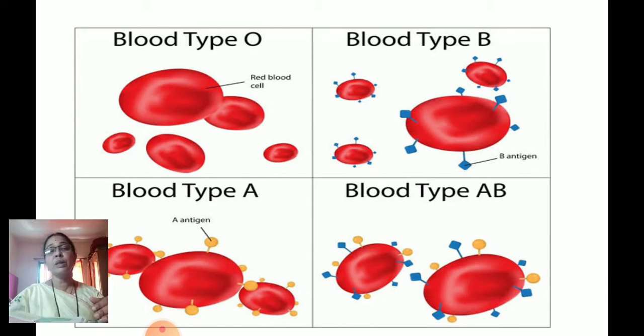So what has to be done? Blood donation. Somebody donates the blood and somebody receives the blood. The patient requires immediate blood, so blood transfusion has to be done. And for this blood transfusion, we should know our blood type.